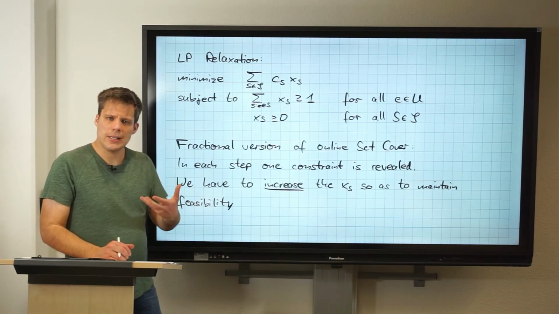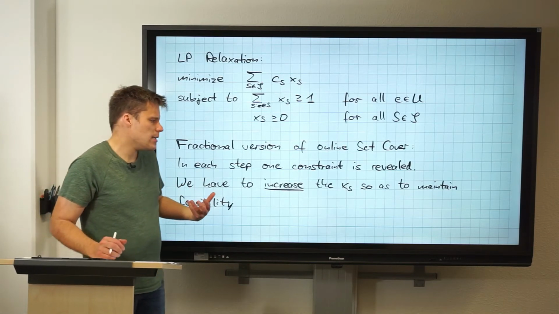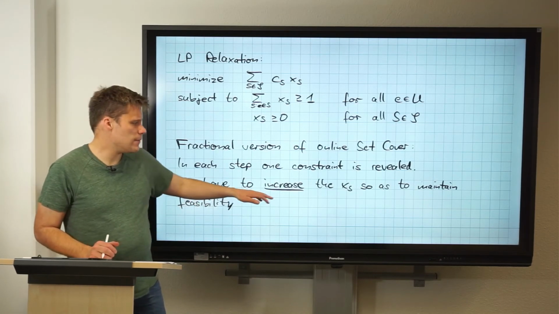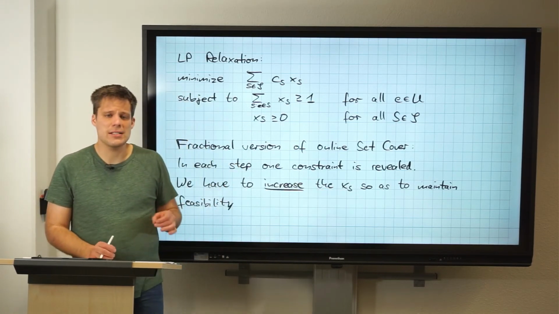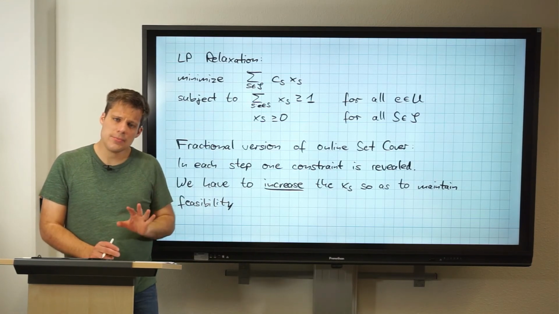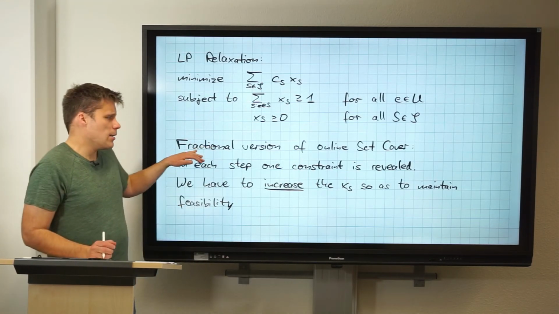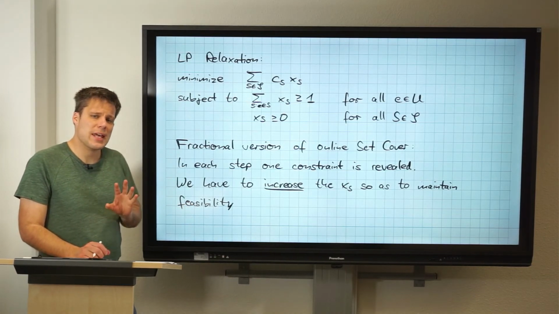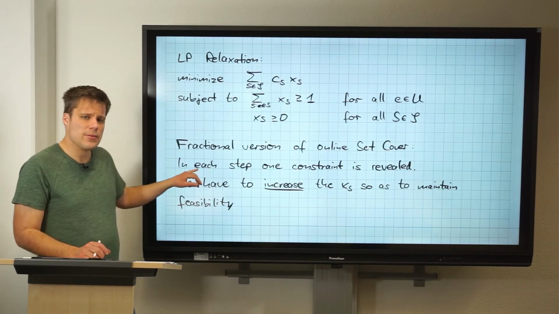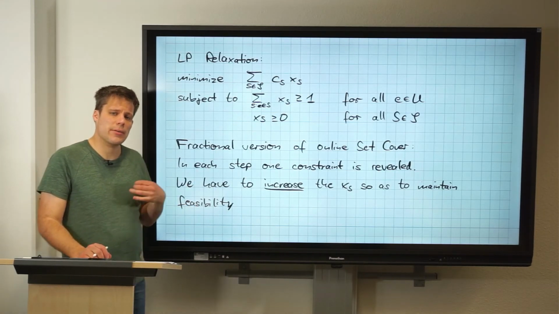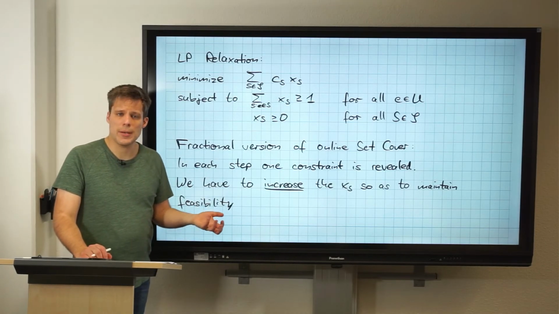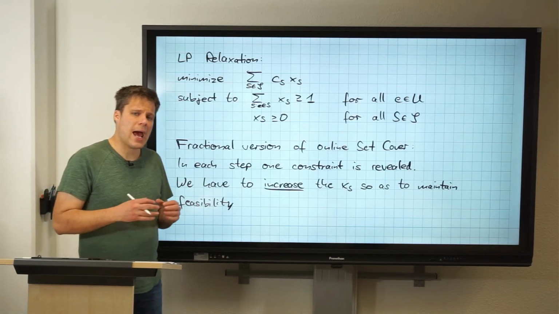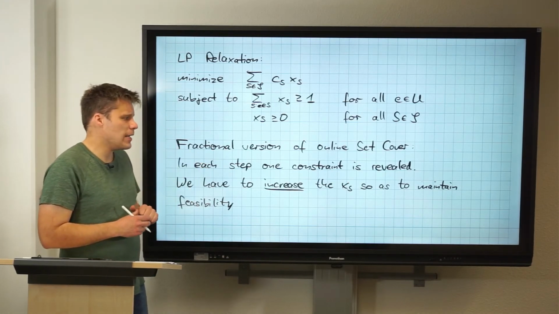Now we kind of relax this in the exact same way that we say, okay, we'll have to make sure that these variables never decrease. And as it will turn out, solving this fractional version of the set cover problem will be really helpful, because we can then turn an algorithm that solves this problem also into an algorithm which solves the original problem that we were having. But this is something we'll do later, namely only after we've derived an algorithm for this problem.